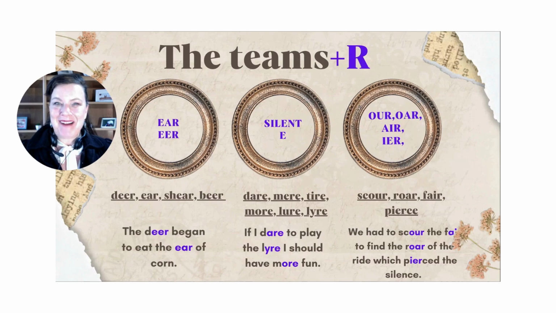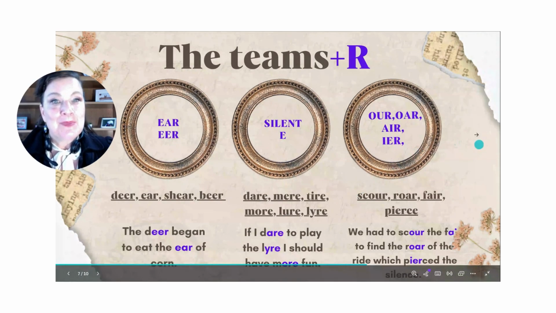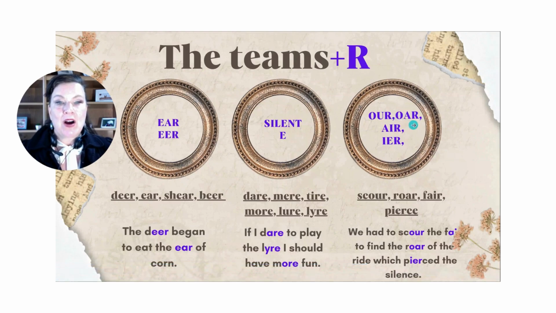Good job. All right. Other vowel teams, we might hear the OAR combined. That's going to have the long O with the OR, OUR combination. Our, air, and IER, ire, or ear can change depending on the word. So let's take a look at these combinations.